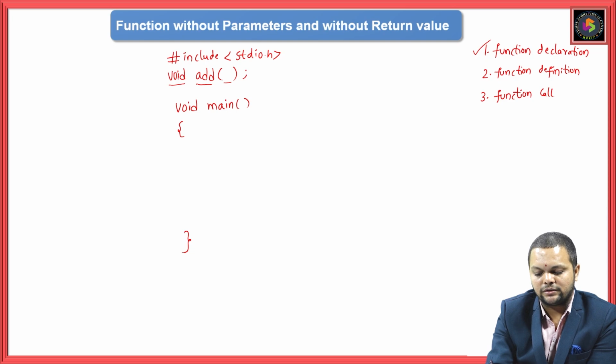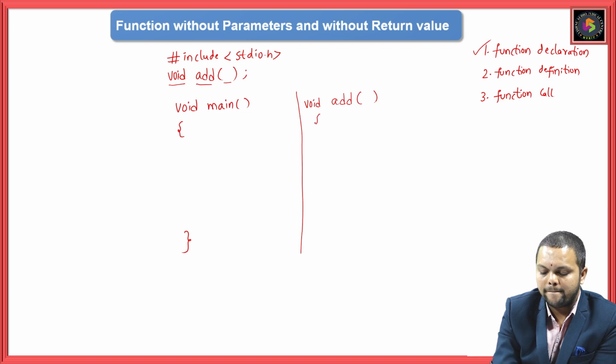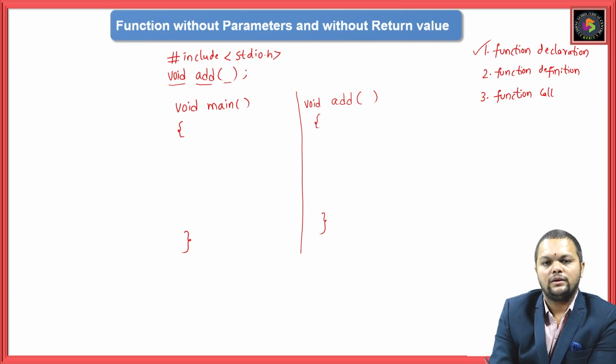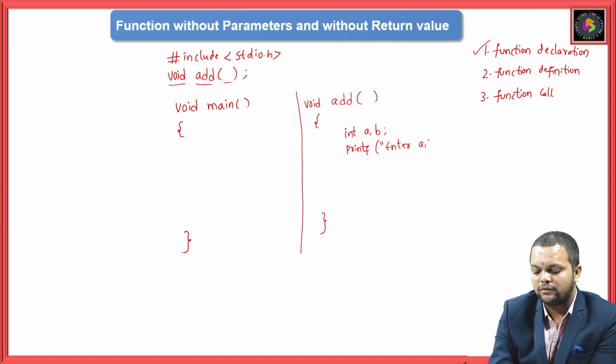Now function definition. I'll write it here: add. Nothing is passed and the return type is void. I'll give printf, enter. This is an optional statement; either you can give printf or you cannot.